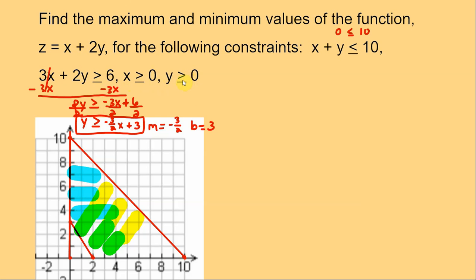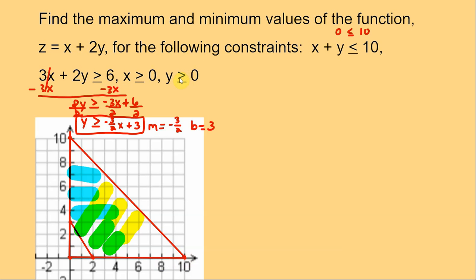Then for y is greater than or equal to 0, to graph that line, y equals 0, we cross through y at 0, and Hoy tells us it's going to be a horizontal line. So here is y at 0, so we're going to draw a horizontal line through y at 0. And again, we need to determine where to shade.